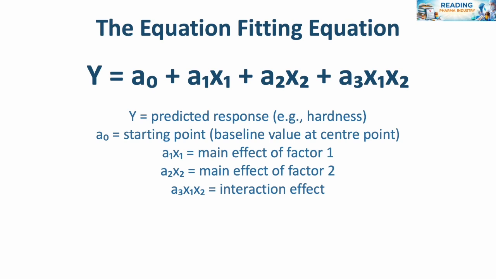So you could imagine it's the starting point. Where do you start your output? The a1 refers to the strength of x1. a2 refers to the strength of x2, because if you look at the example on the cream, that could either increase it or decrease it. And a3 refers to the interaction. So basically, do they work together? Do they magnify each other? So that is the interaction coefficient.